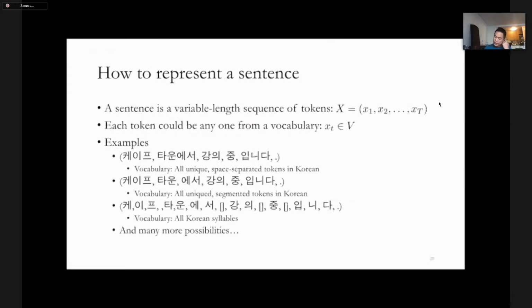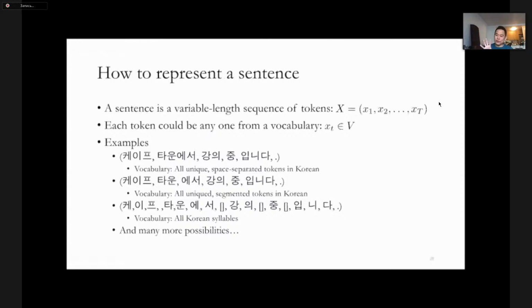So then we need to think about how to represent a sentence. An interesting thing about text is that it's a variable-length sequence. So the size of the input is never fixed. The size of the input can vary from one sentence to another, one paragraph to another, one document to another. So we need to think about how to represent them at multiple stages.